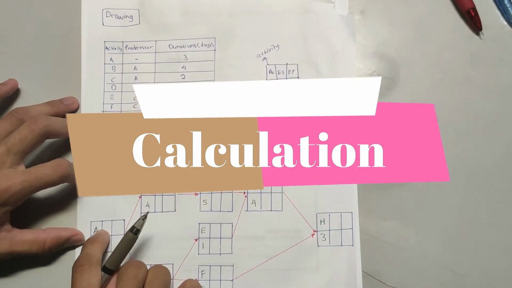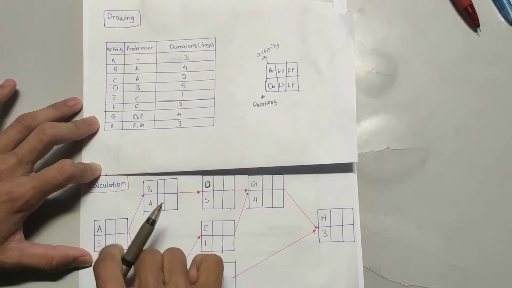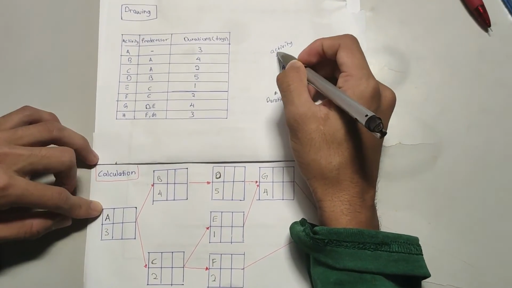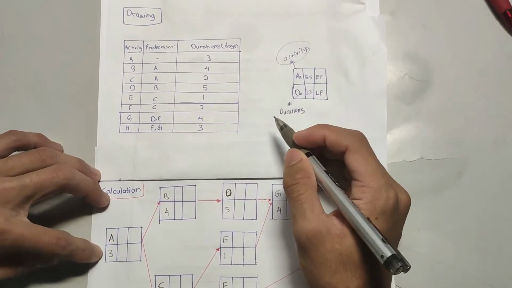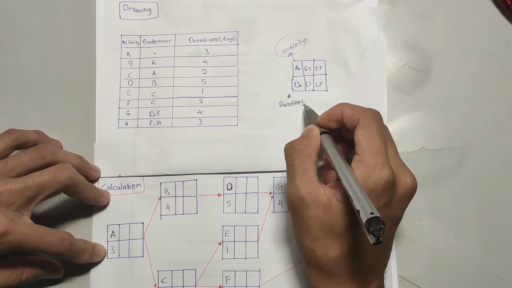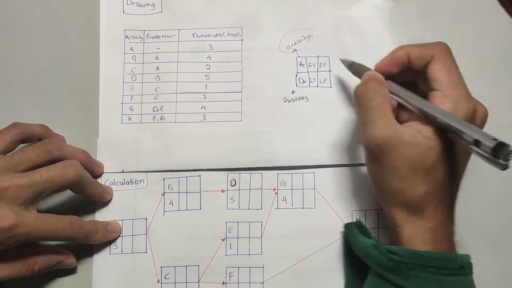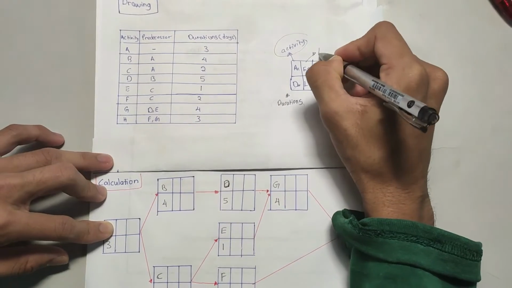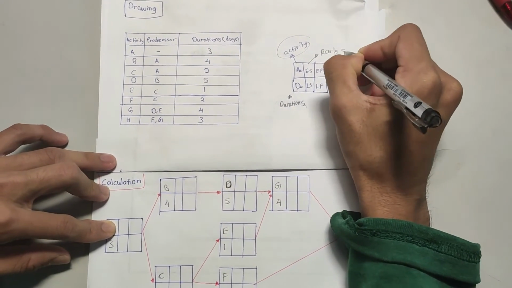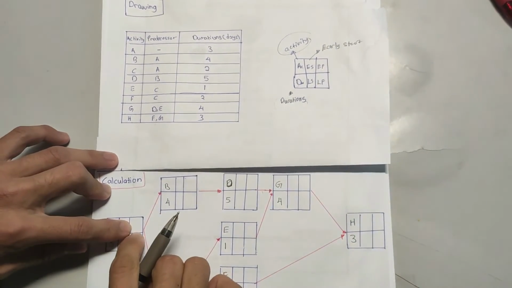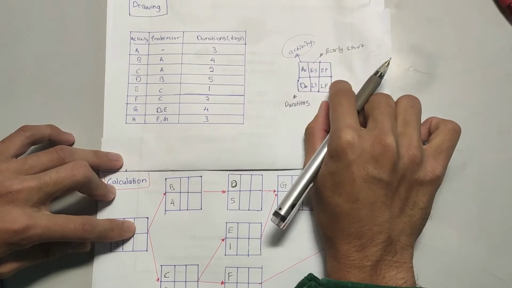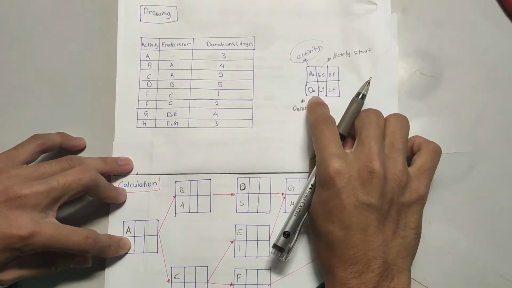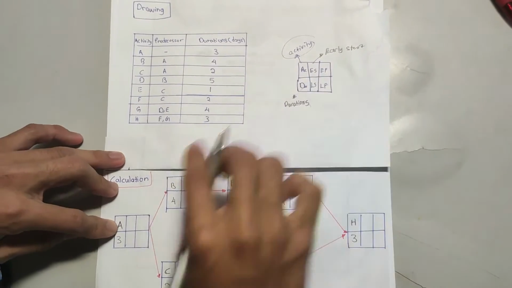As you know, we must have 2 rows and 3 columns. For the first row we put the activity, and in the second row we put the duration. This box for ES means the early start, and the second box is for the early finish, and this one is for the late start, and this one for the late finish.